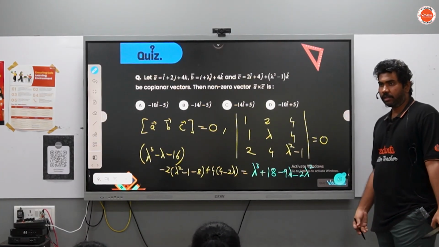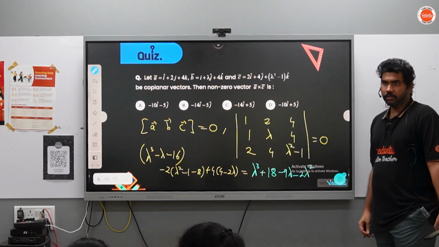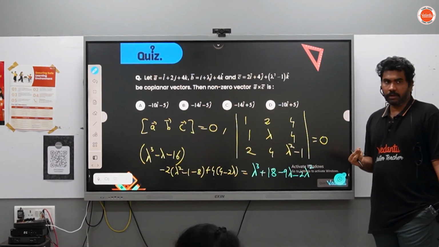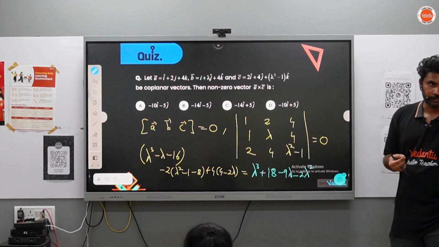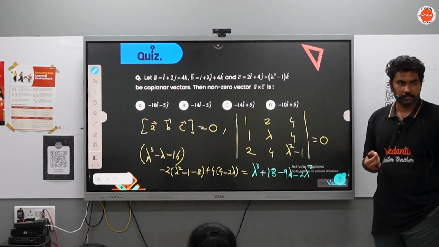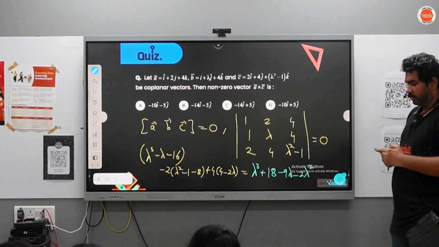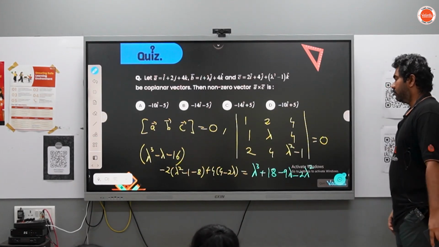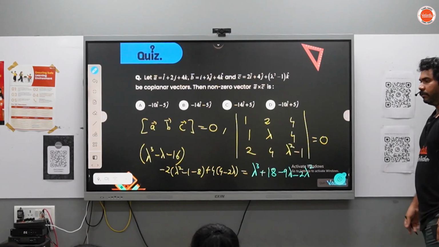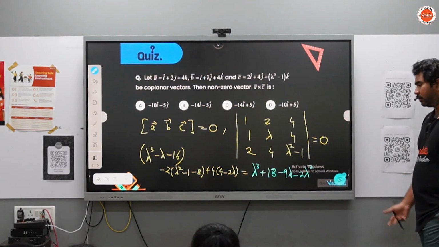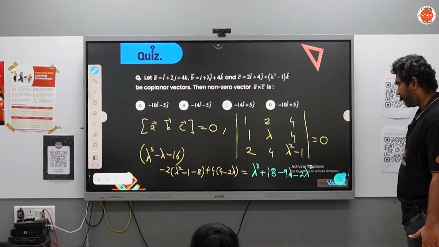Whenever you are given a cubic polynomial, do a trial and error with some integers: 0, 1, 2, 3 or 0, minus 1, minus 2, minus 3. Because even if you find one factor, then you can easily simplify the other. The remaining will be a quadratic factor.